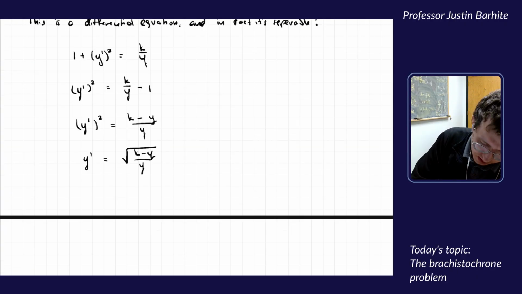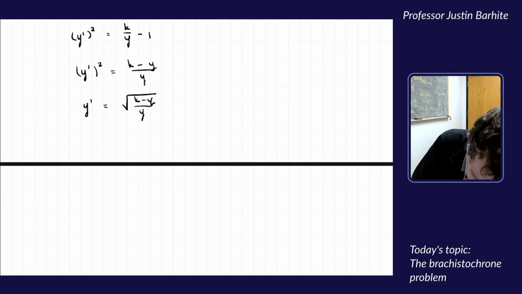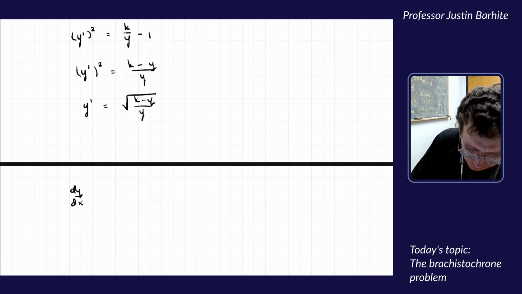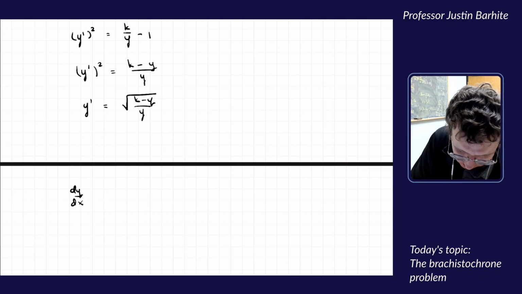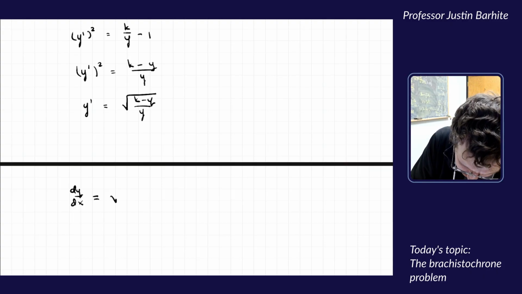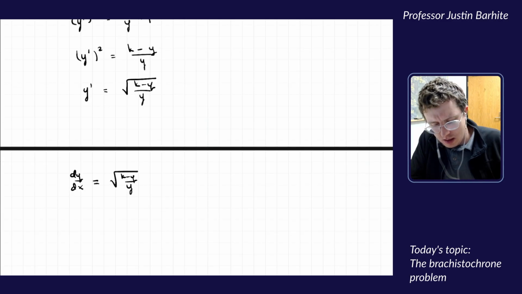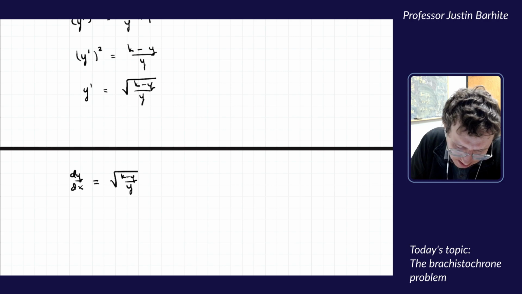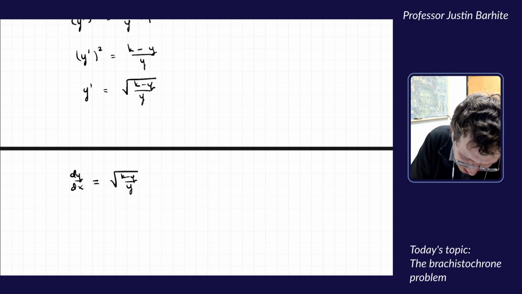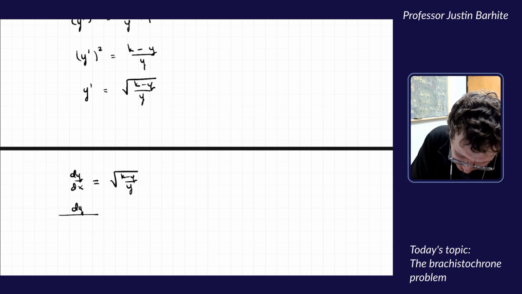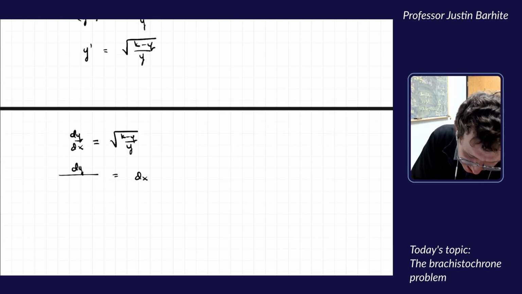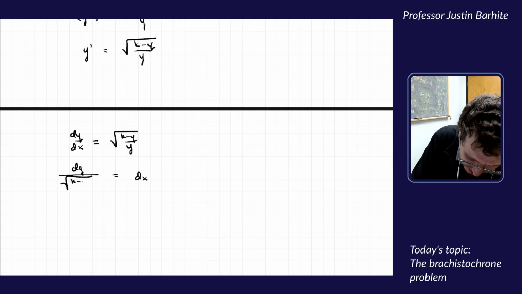And let's go ahead and rewrite that as dy dx. So dy dx is root k minus y over y. And I'm going to multiply the dx over to the other side, and then divide both sides by this root k minus y over y.